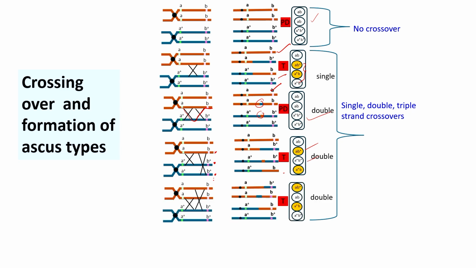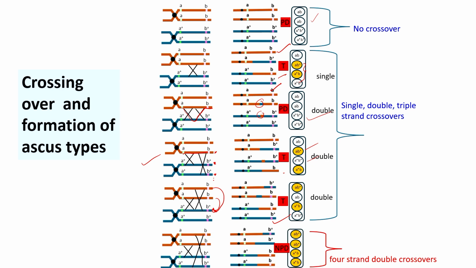Another, you see, this is also 2 crossovers. In the previous example, you can see one sister chromatid was undergoing crossing over with both the sister chromatids of the other homologous chromosome, and here one arm with one sister chromatid and another with the same sister chromatid of another homolog. So in this case also you are going to get the tetratype. So they are just alternate conditions of the crossing over.